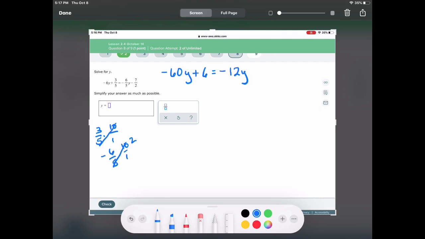Don't lose your y's when you're diddling around with the numbers. And then 7/2 times 10 is 35, minus 35.